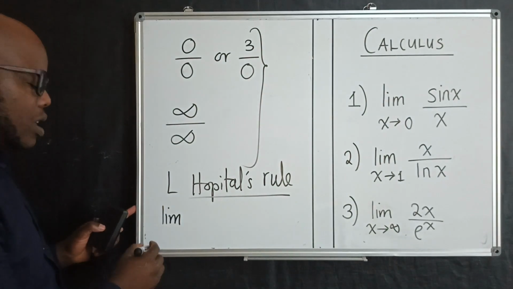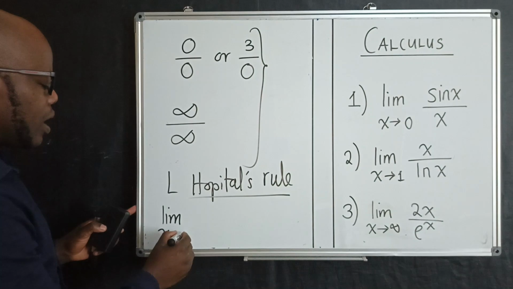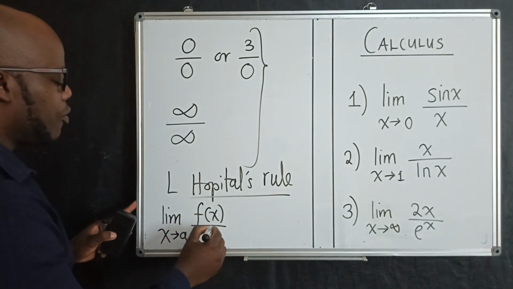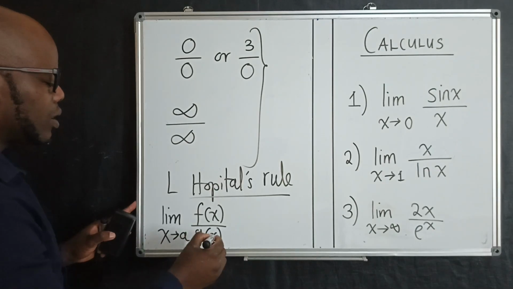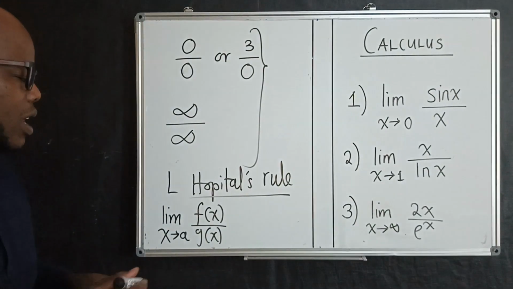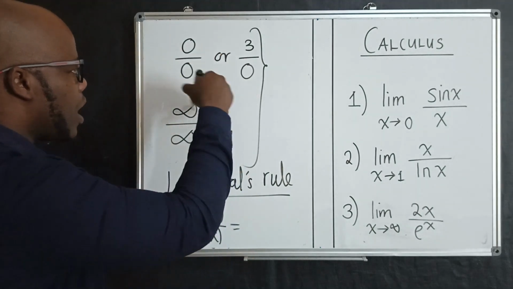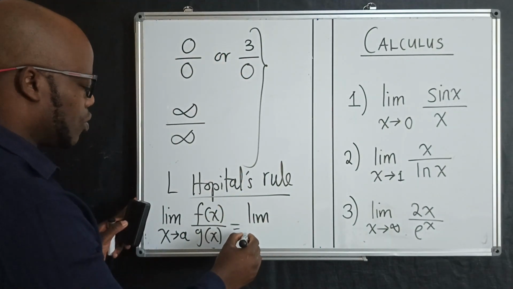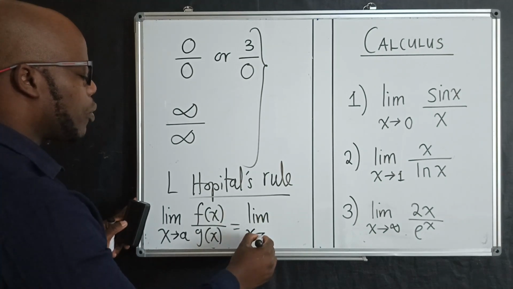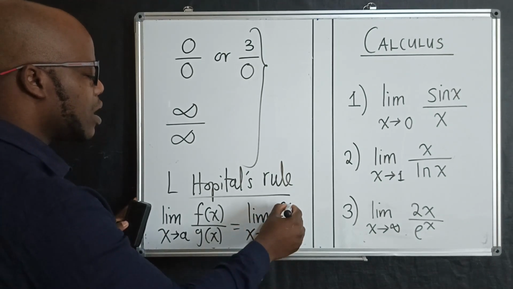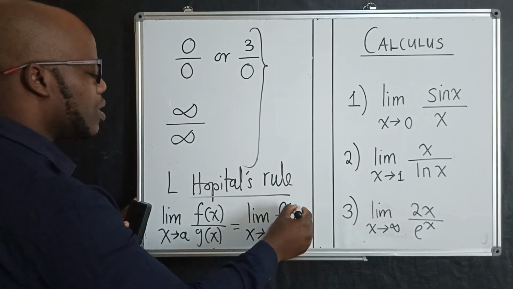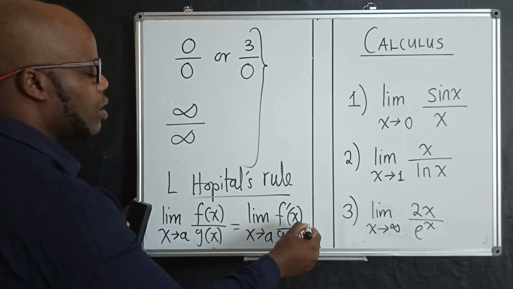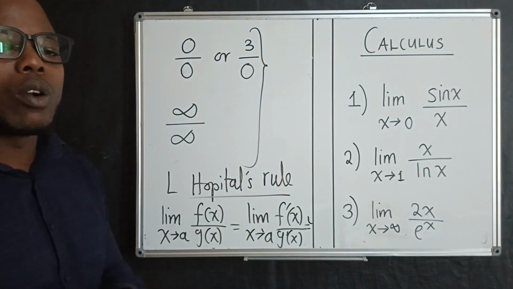When you've got the limit as x approaches a of some function f of x over g of x, if this is giving you any of these solutions, you change this to the limit as x approaches a of the derivative of the numerator over the derivative of the denominator, which will give you some solution L.